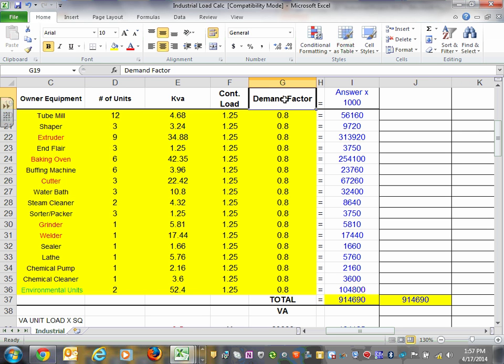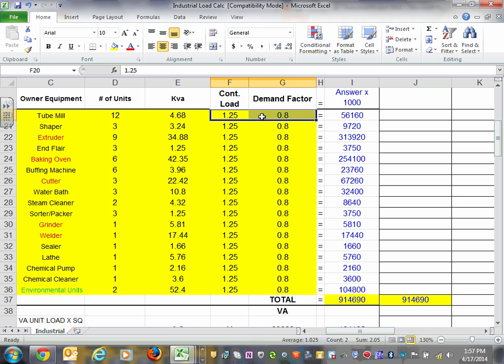It's highly unlikely that every single one of them is going to be engaged at the same time. So the way I do it is I multiply by 0.8. So I basically offset the continuous load. I assume they're non-continuous, so I get rid of that. I multiply by 1.25 because they're continuous, and then I derate them because it's highly unlikely they're going to run at the same time. I put that 0.8 in and offset the continuous load for them.